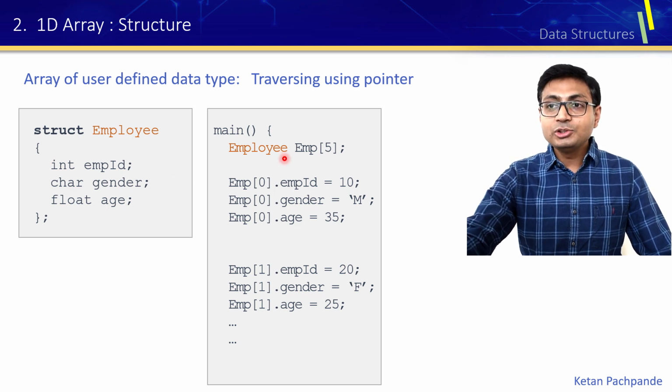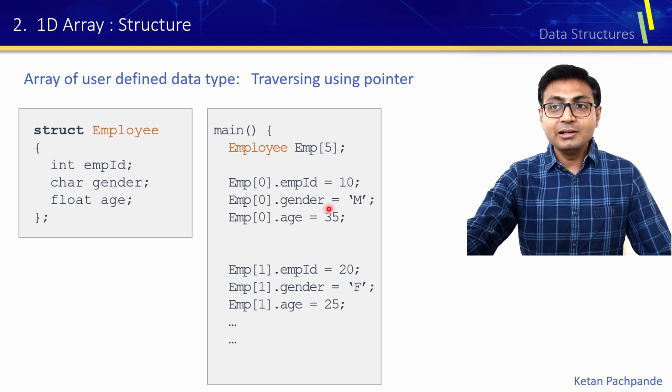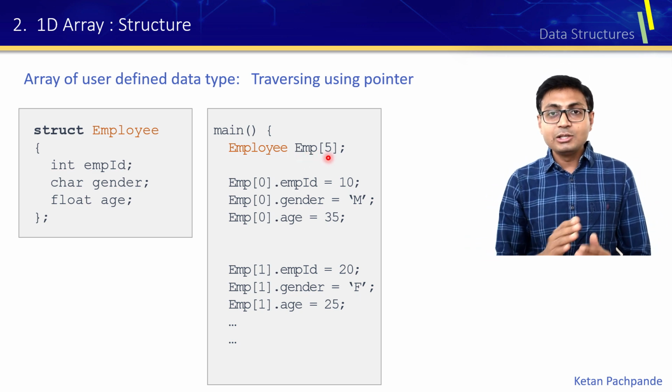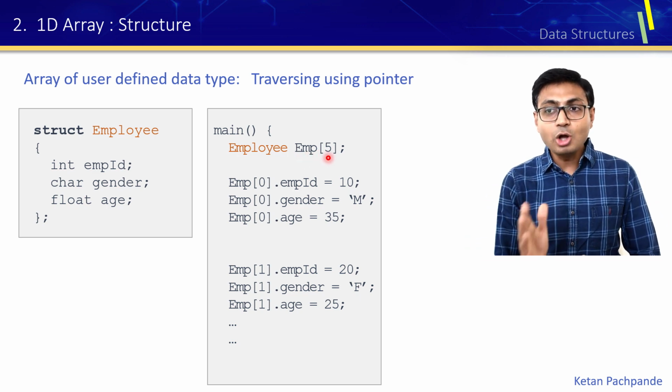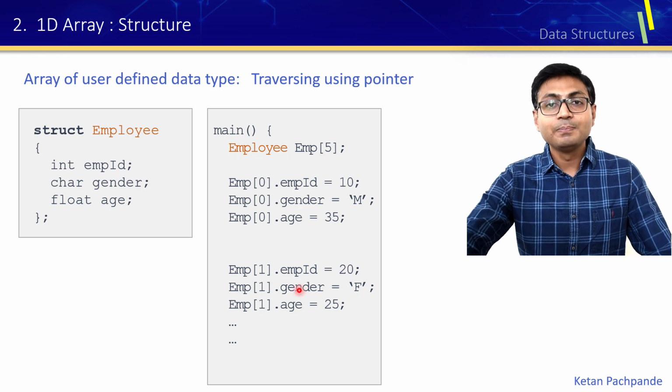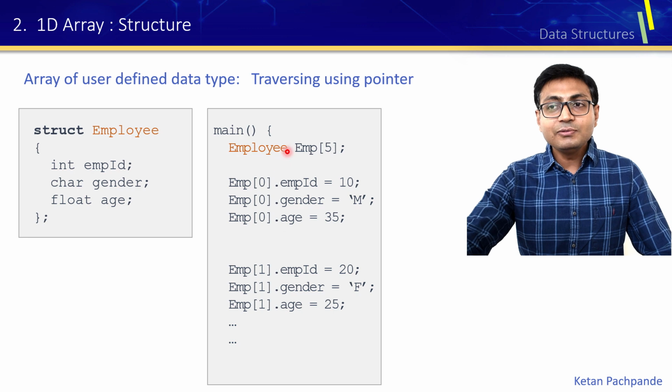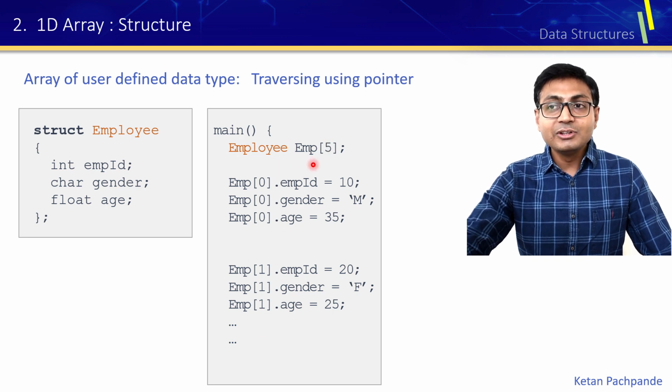One way I have already shown. That way you can just give the index: employee[1].employeeID, employee[1].gender, and so on. So if you have 5 employees, you can say employee[4], that is the last employee, 0 to 4. Employee[4].employeeID is equal to 40 or something like that. So this is with respect to the name of the array itself.